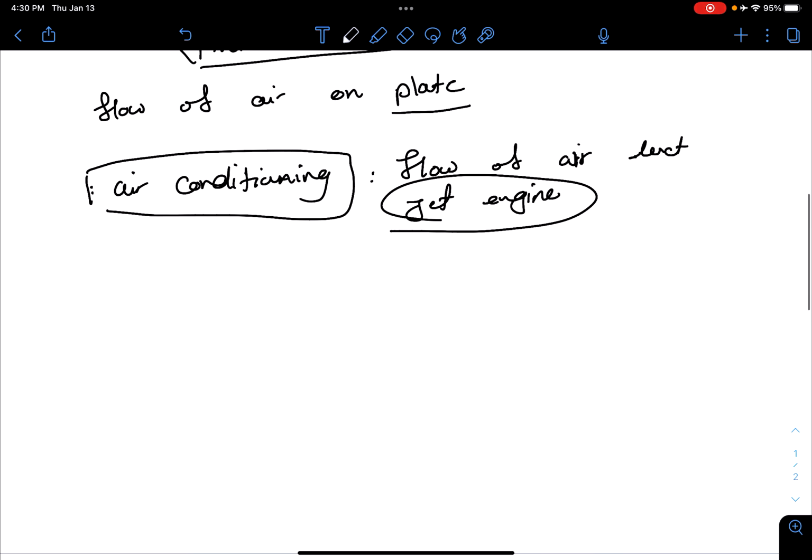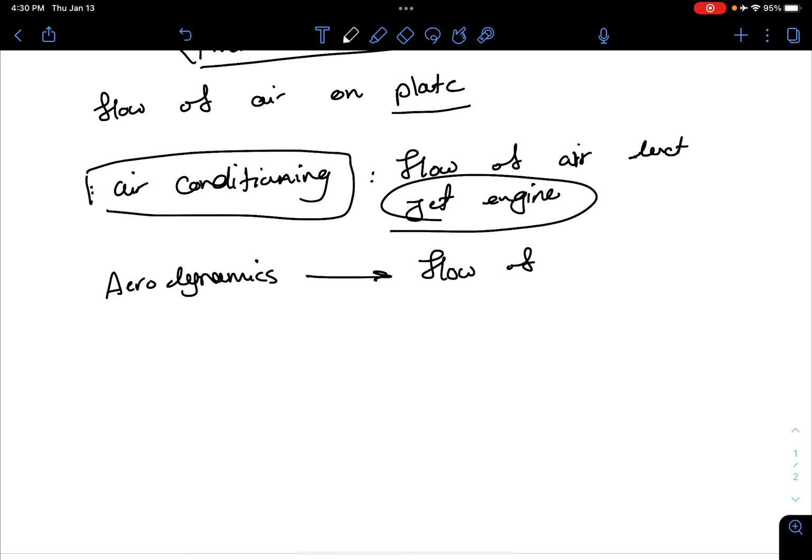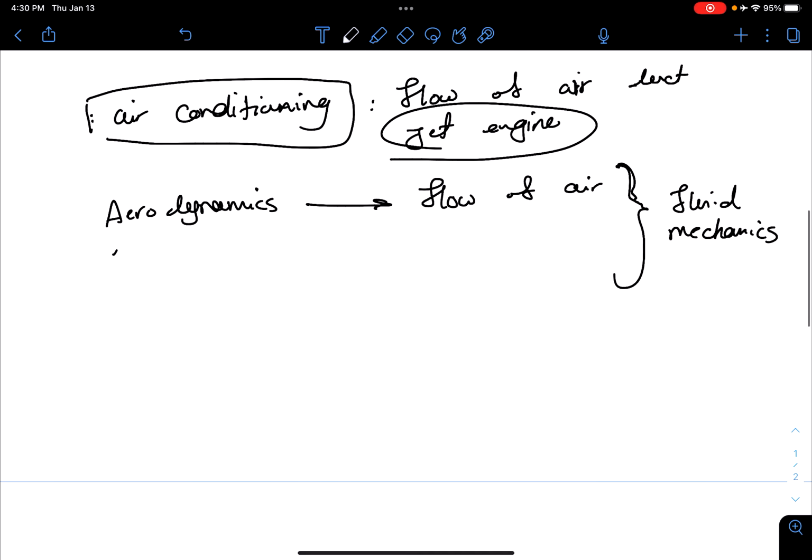Okay, so we understand aerodynamics is the flow of air. Aerodynamics is part of the general fluid dynamics or fluid mechanics analysis. It also has other parts like gas dynamics or hydrodynamics.